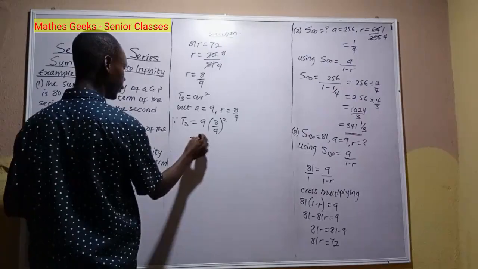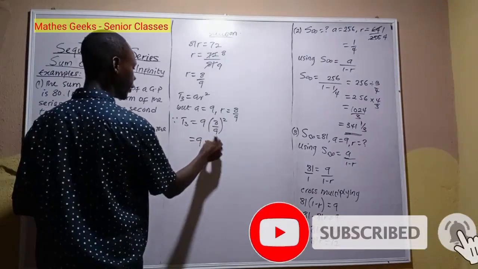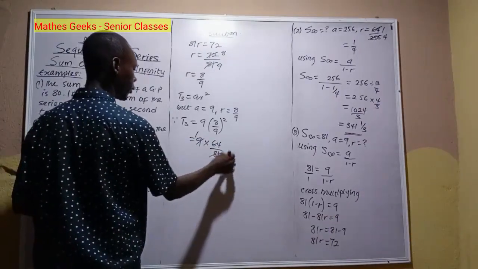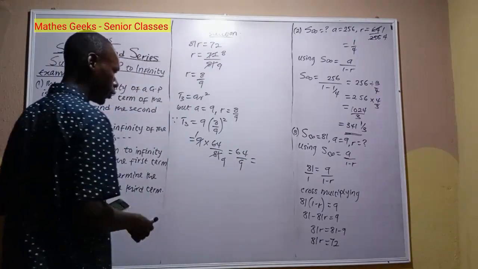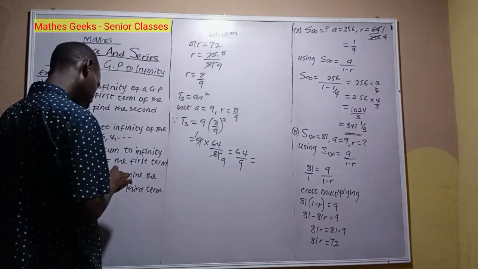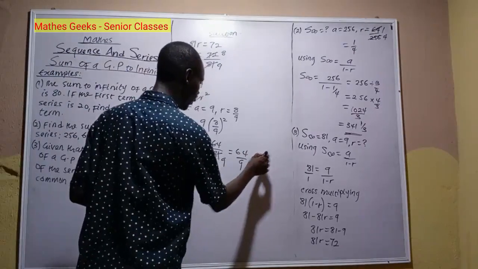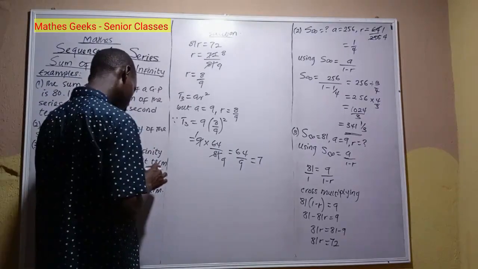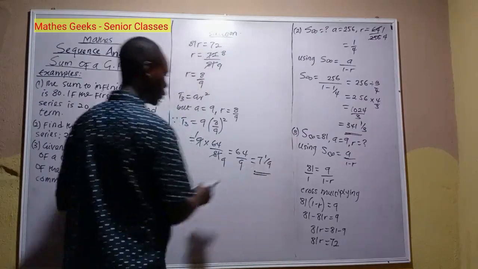So 9 times 64 over 81. 9 into 9 is 1, 9 into 81 is 9. So 64 over 9, that will give us 7 and 1 over 9. That's the answer.